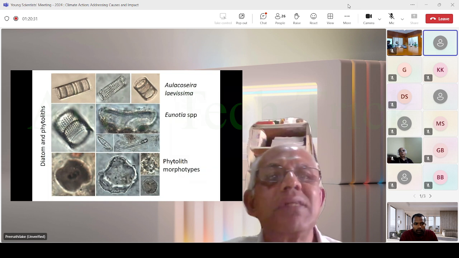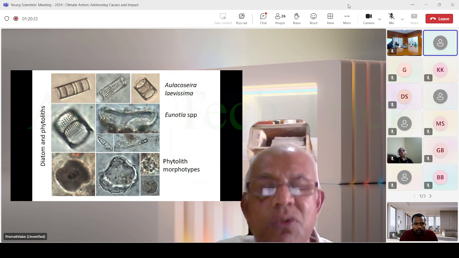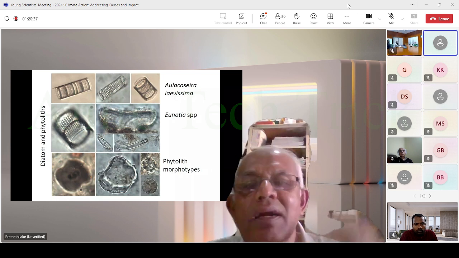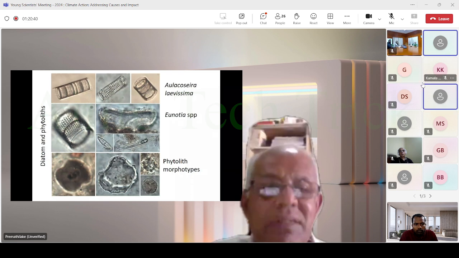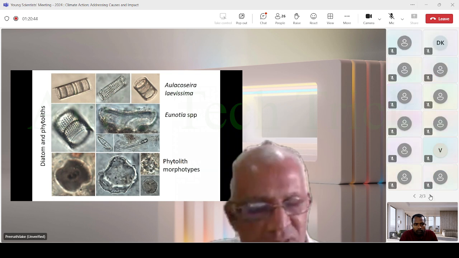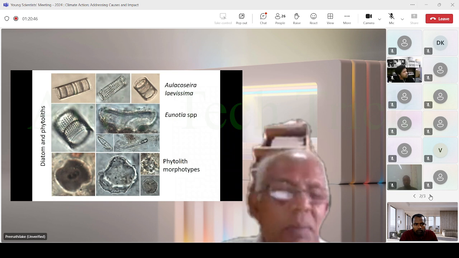But Aulacoseira is a particular diatom which usually grows in the water column or at high water levels. These lakes usually contain this diatom. So anyway, we use this kind of diatoms and phytoliths for reporting our climate change.